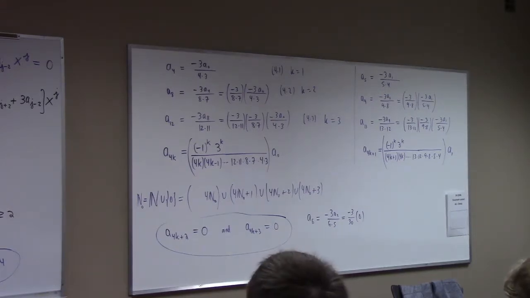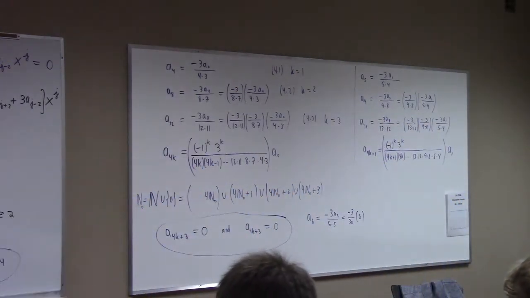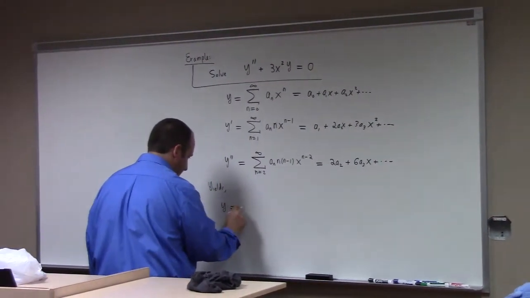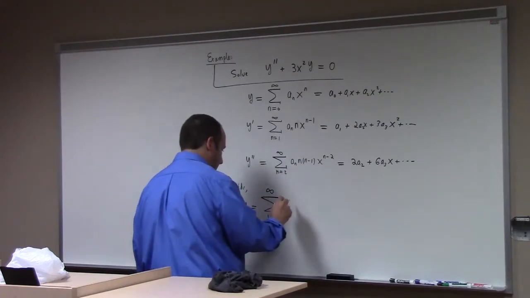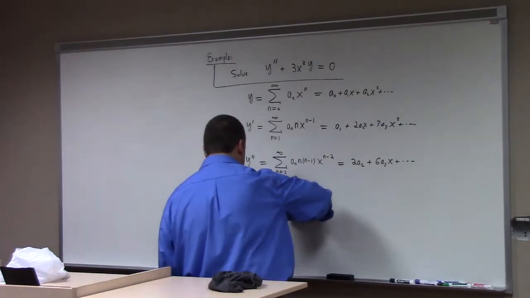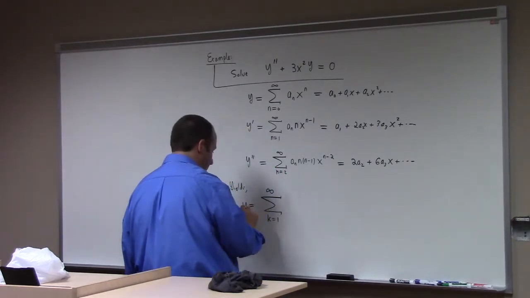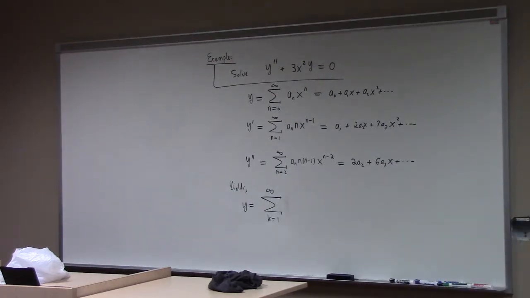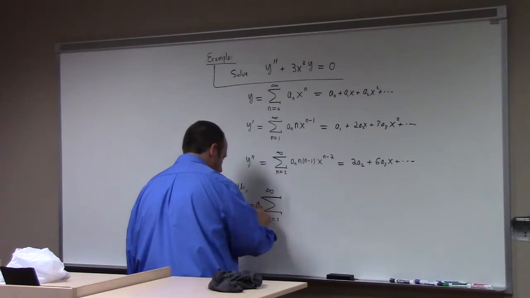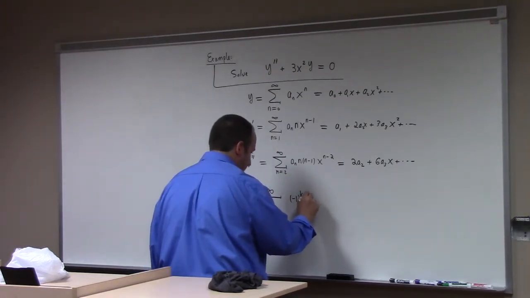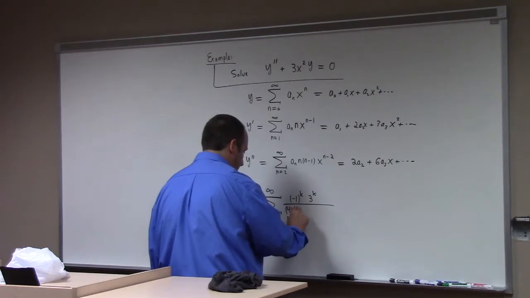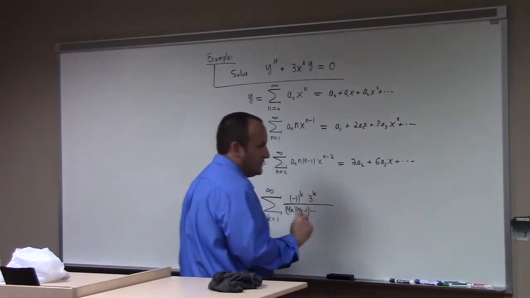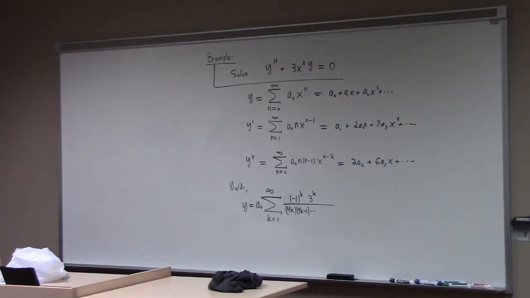So the answer, I'll write over here, yields y equals the sum, and I'll use k because it's convenient, k equals 1 to infinity of, a sub 0, I'm going to pull that constant out front if you don't mind, and then I got myself minus 1 to the k, 3 to the k, over 4k times 4k minus 1, times 8 times 7 times 4 times 3.